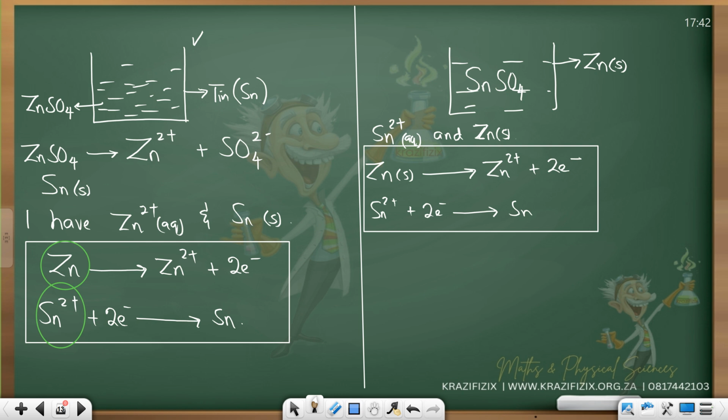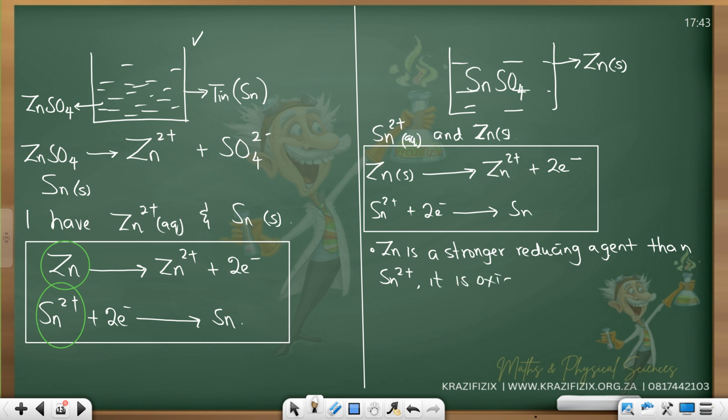How would I write this answer? Check this. Step-by-step answer. Zinc is a stronger reducing agent than Sn2 plus.